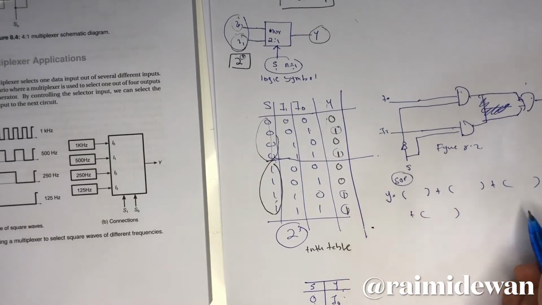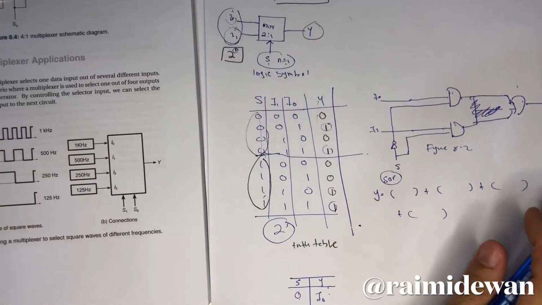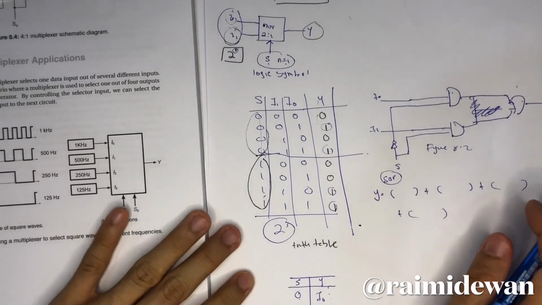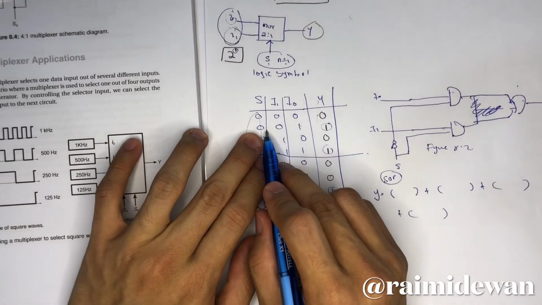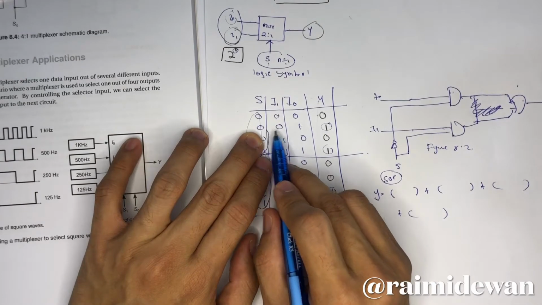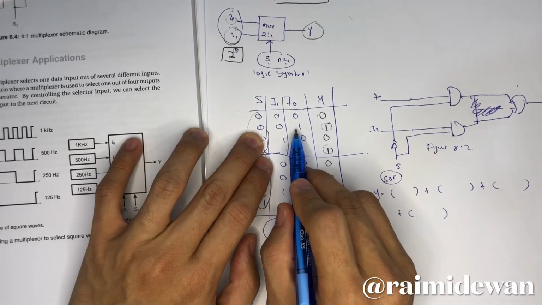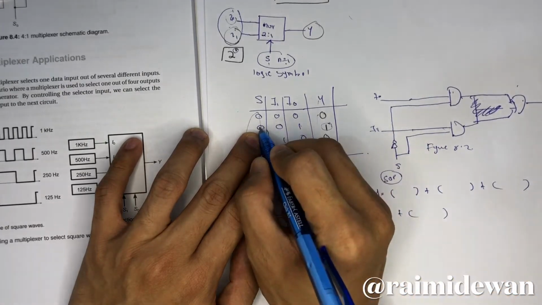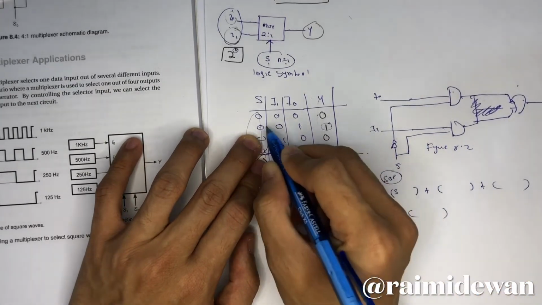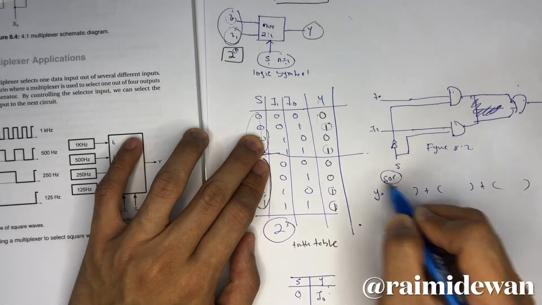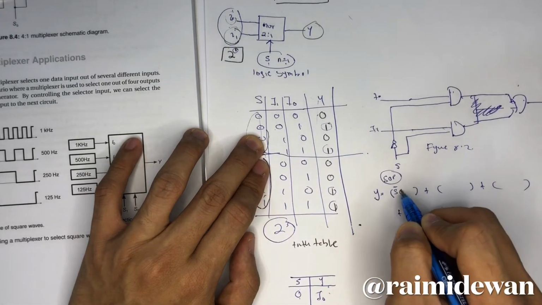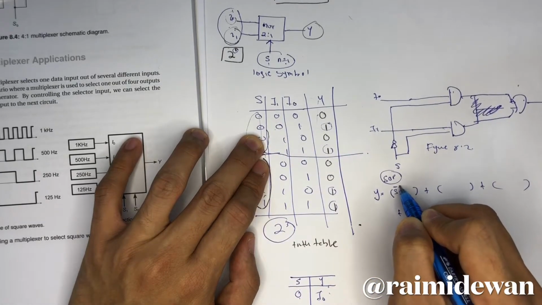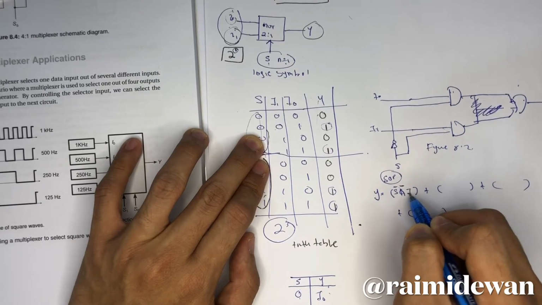If you want to write in sum of products, you can also write in product of sum, no different, it's the same. For the sum of products here, you have S bar, I1 bar and I0.